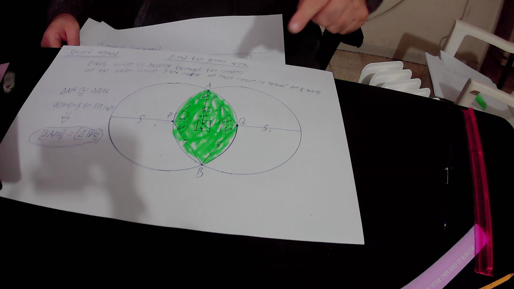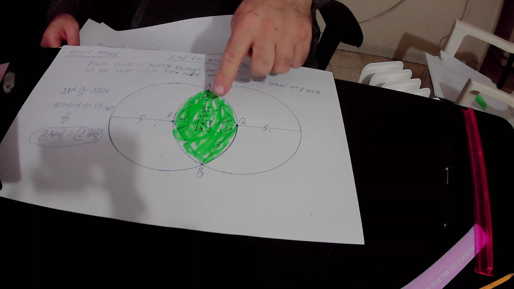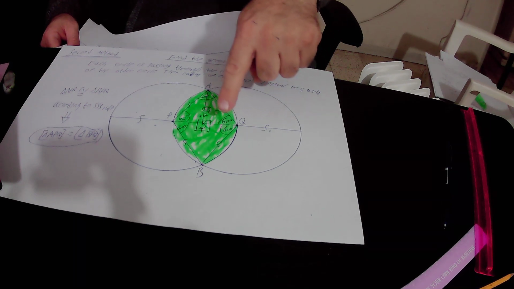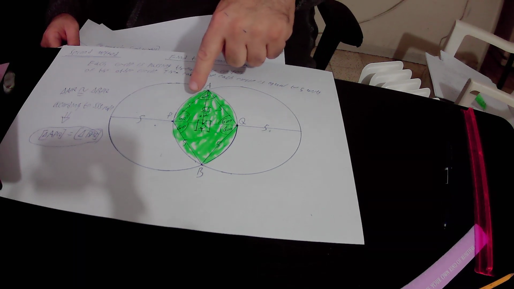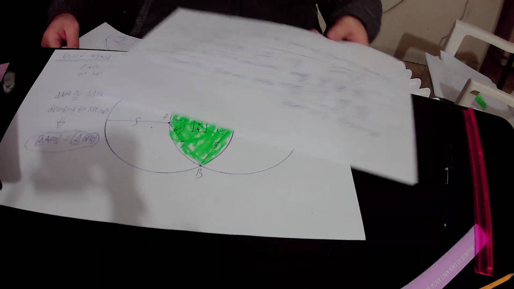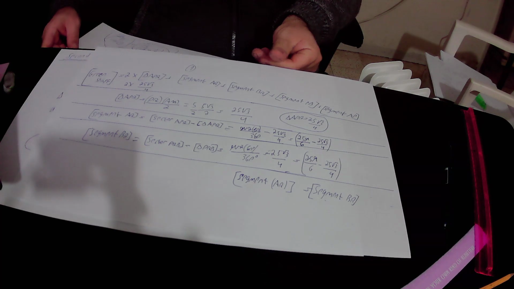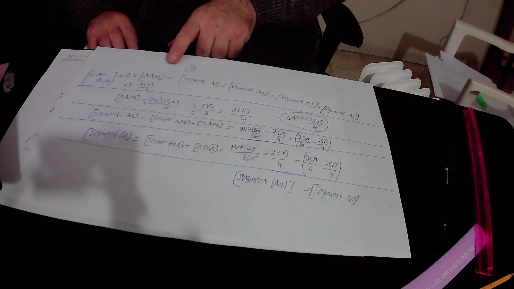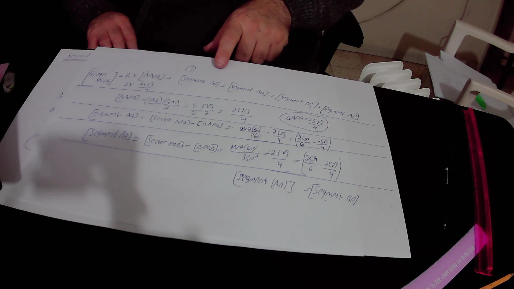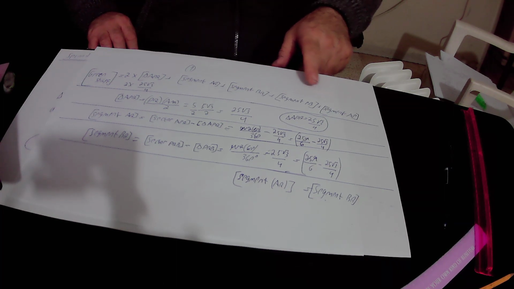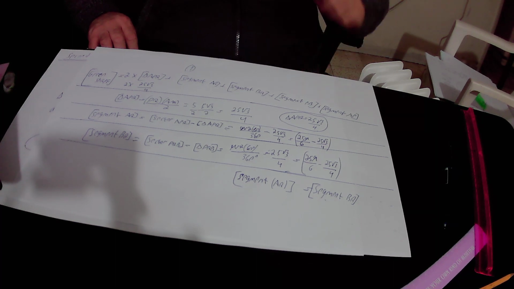So the area of the green shape equals 2 times the area of triangle APQ plus the area of segment AP plus the area of segment BQ plus the area of segment PB plus the area of segment AP.